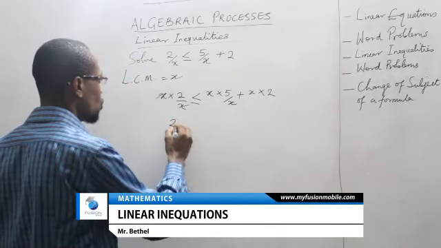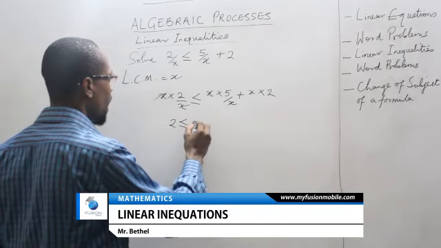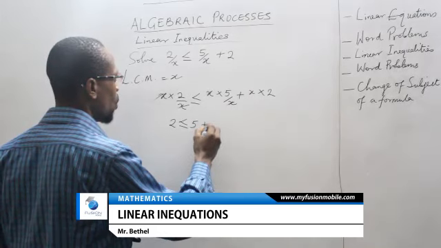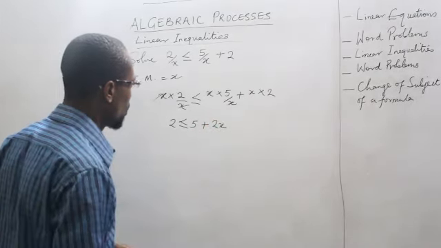So we have that 2 is less than or equal to 5 plus 2x. Okay?